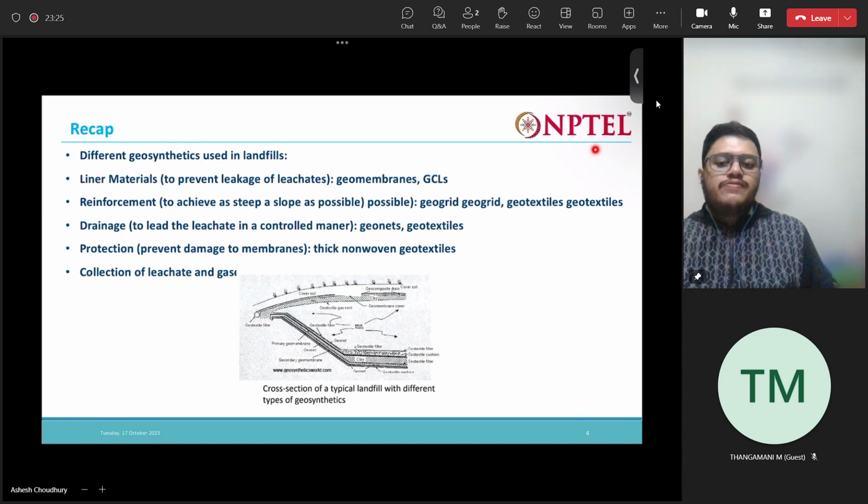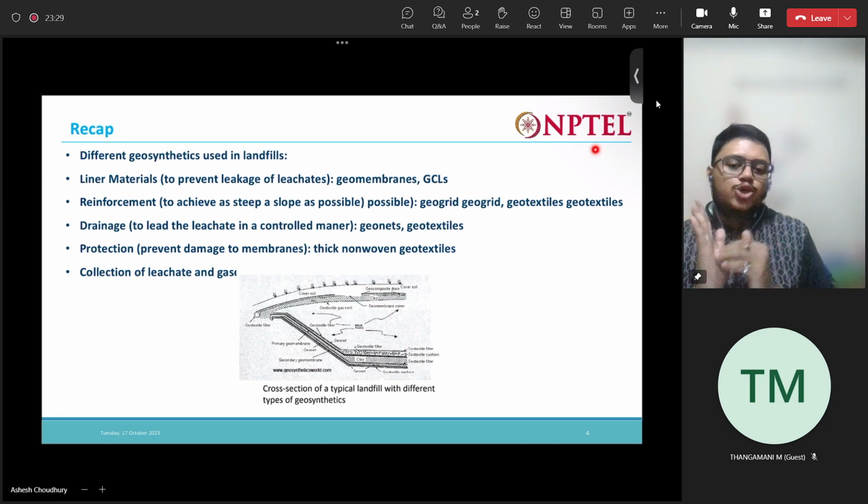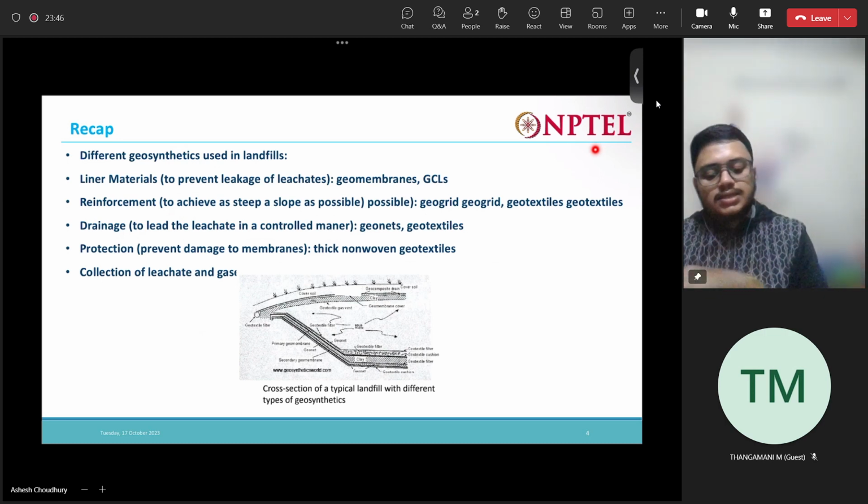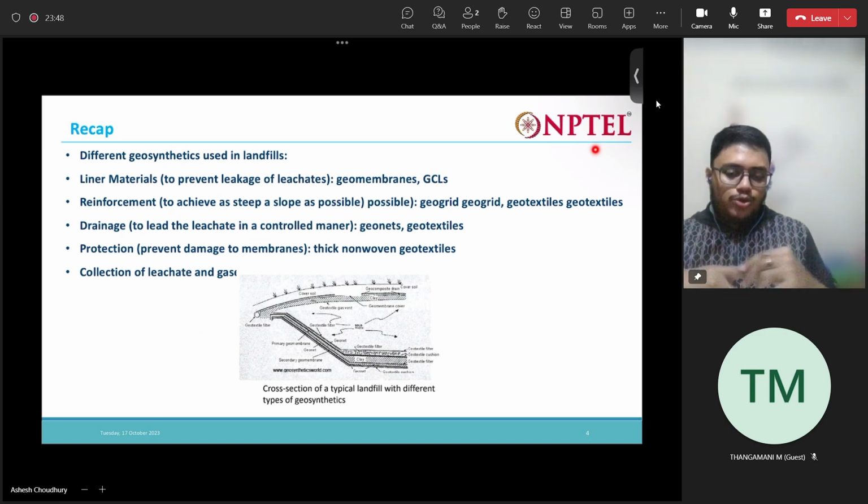It is very important that geomembranes are not punctured. If a geomembrane is punctured, its main function as a barrier will fail. So we need to protect the geomembrane, and to do so, very thick non-woven geotextiles are generally laid above and below the geomembrane.